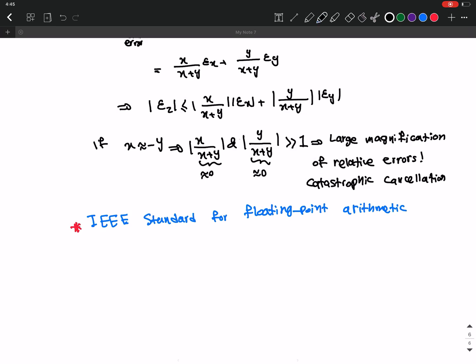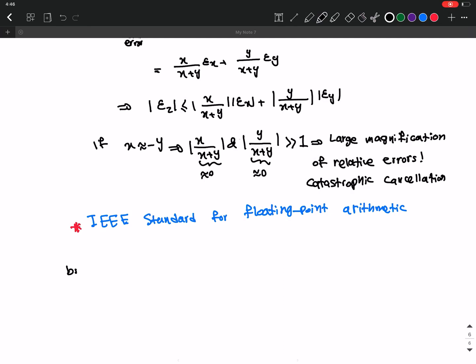You might have heard of single precision or double precision, like files or computation. IEEE has set some standards for half precision, double precision, or single precision operational arithmetic.